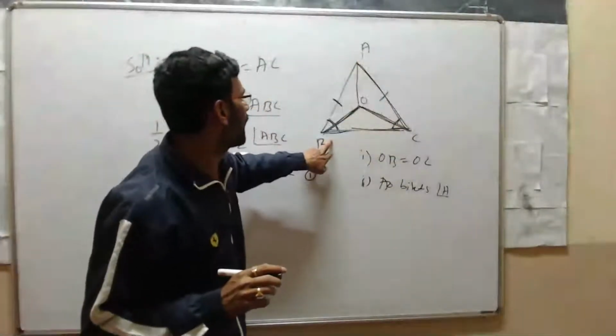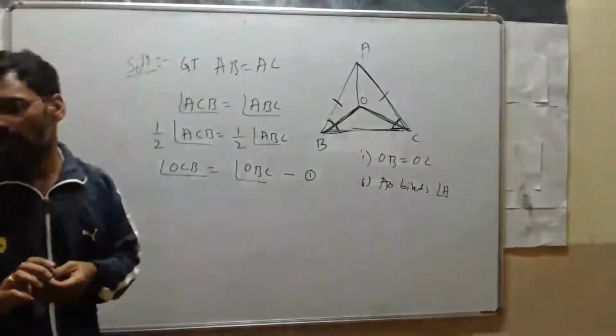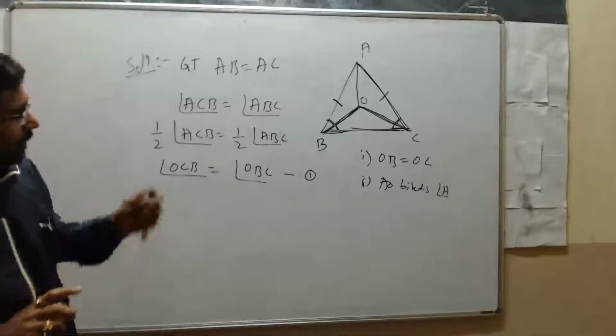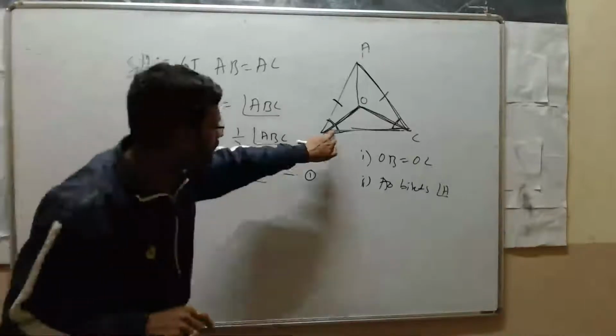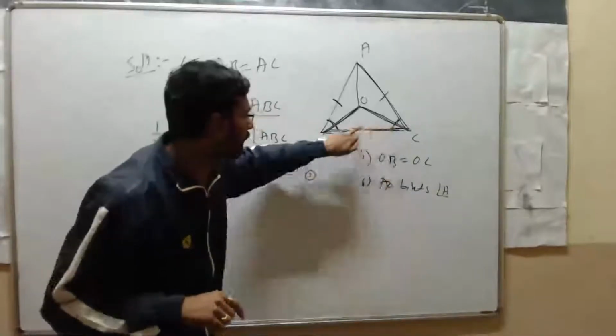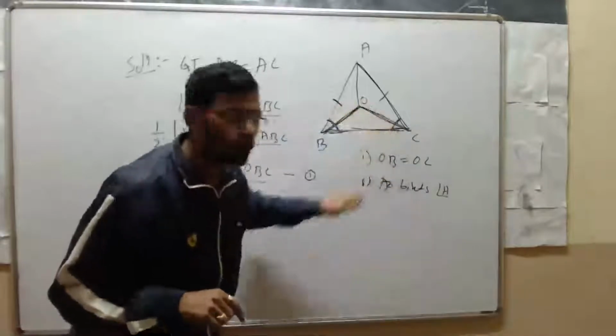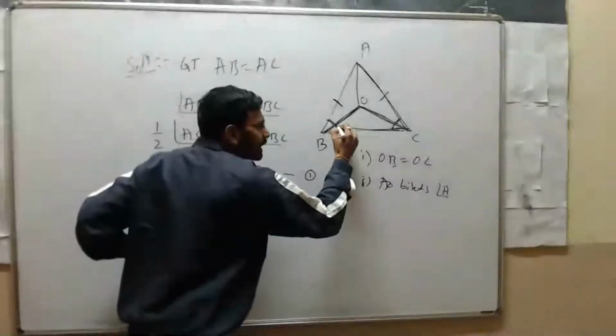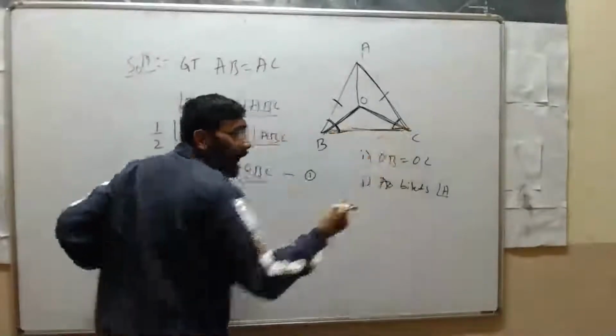OCB is the first one and the other one is OBC, equation number 1. This half part OBC is equal to OCB. If angle B equals angle C, that is the half part.